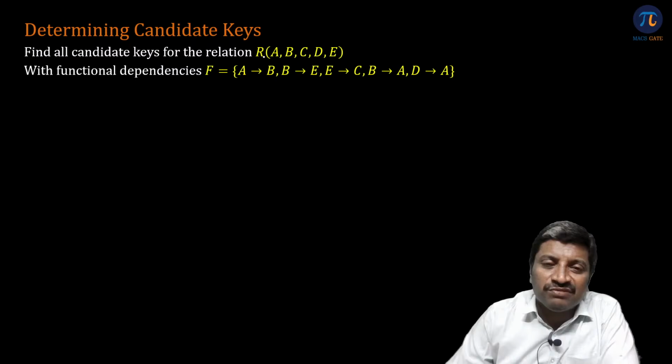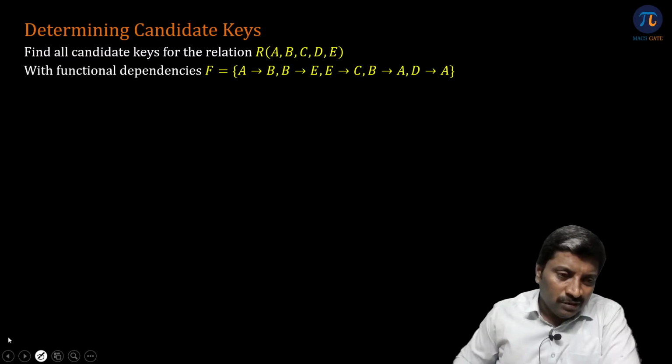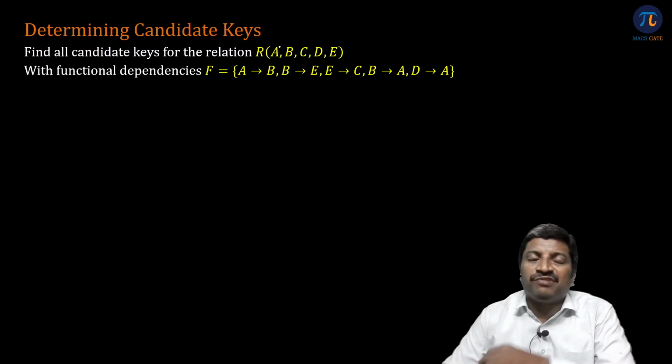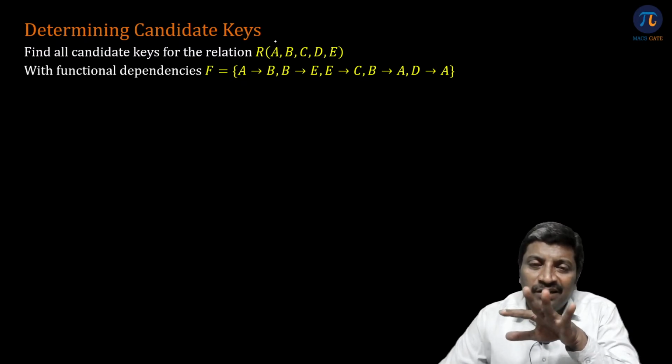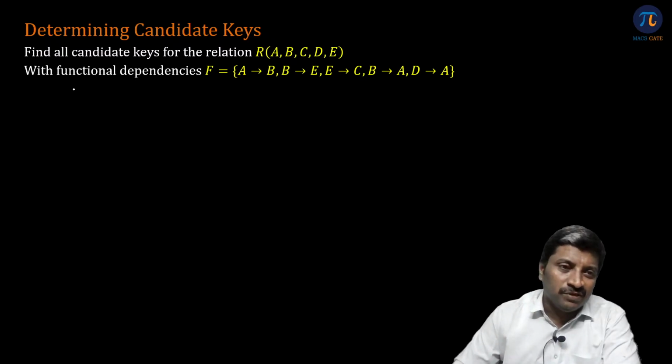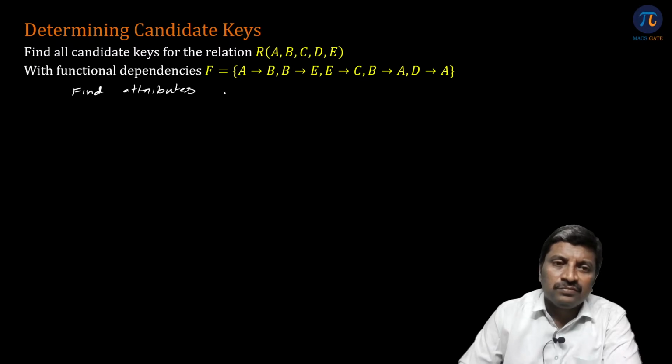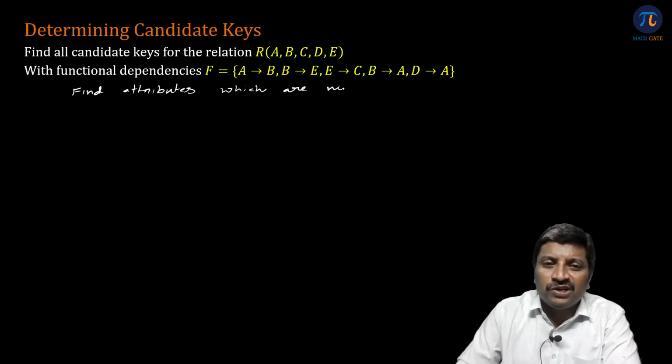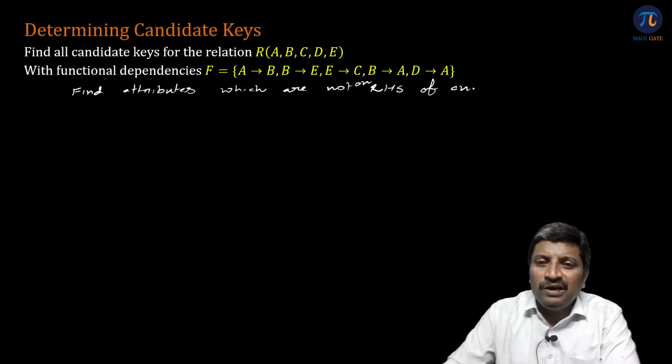Suppose I have a relation with 5 attributes A, B, C, D, E. First of all, find the attributes which are not present on the right side of any functional dependency.